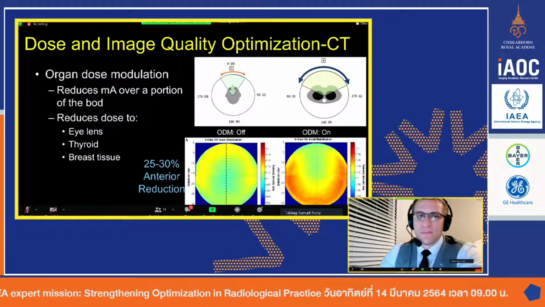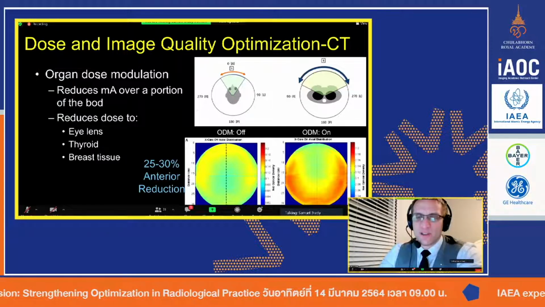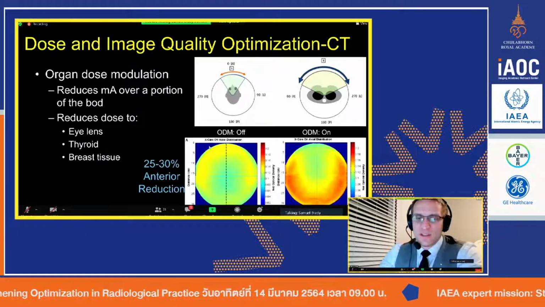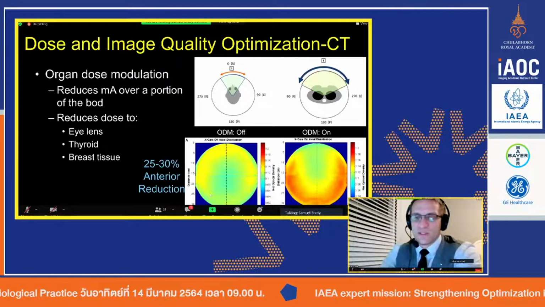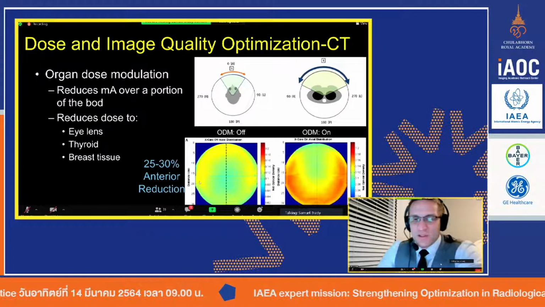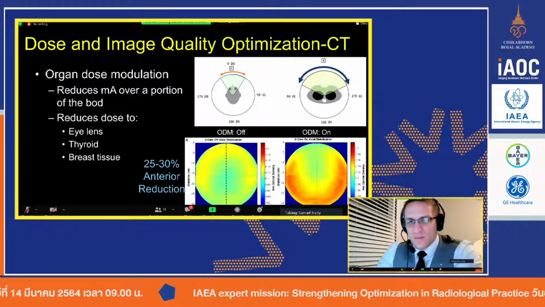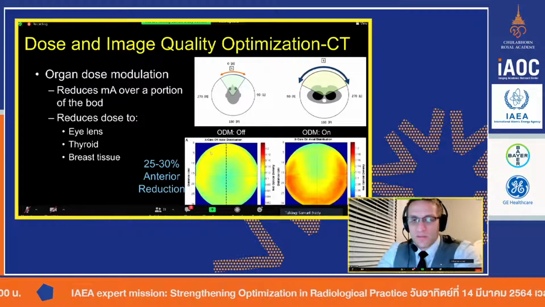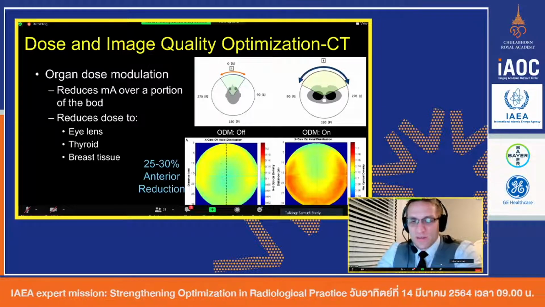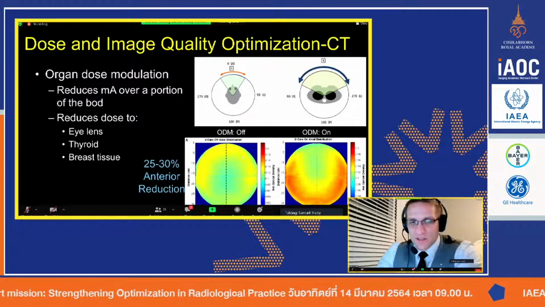So if we turn on organ dose modulation, here you can see this is a piece of film that I cut and I sandwiched between 2 CTDI phantoms. And then I imaged it with organ dose modulation off. And the dose is, for all intents and purposes, homogeneous in the volume. You're going to have a little less radiation at the dead center. That's because of attenuation.